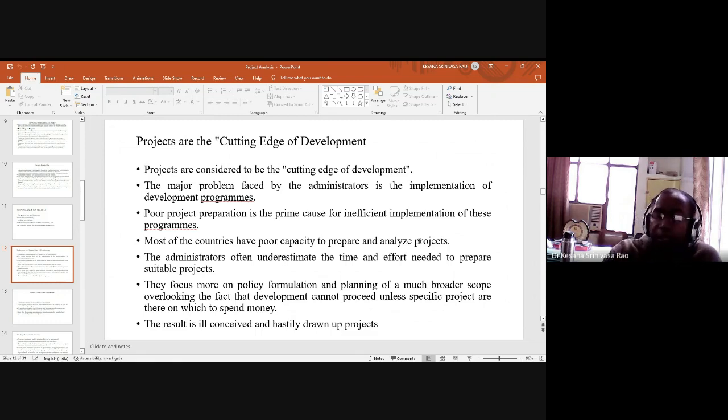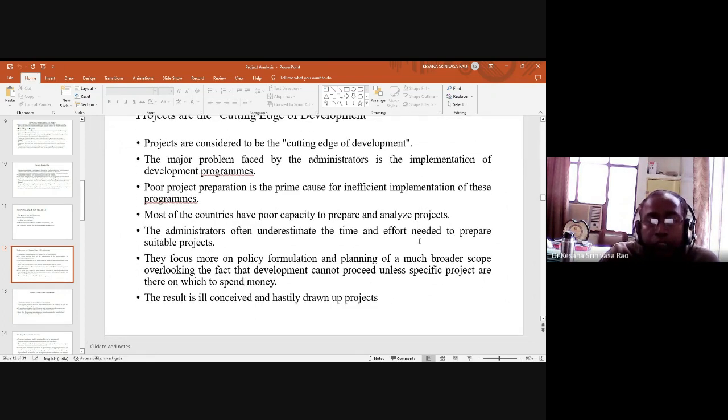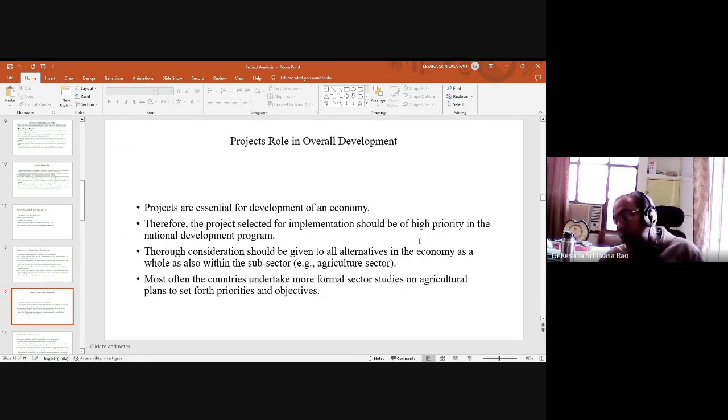So if you want to achieve any type of development, the project is an essential factor. How the project acts in the process of development depends upon you. Projects have a role in overall development. Projects are essential for development of an economy. In any type of economy, if it wants to develop, there have to be some projects. The projects are very, very important.